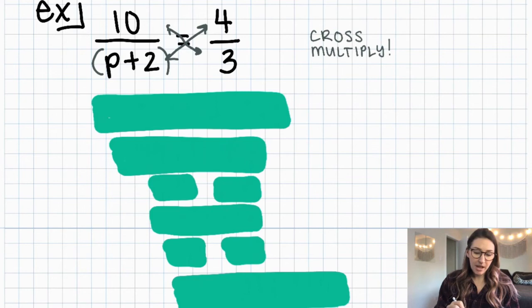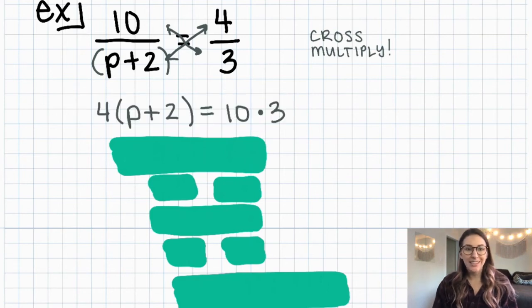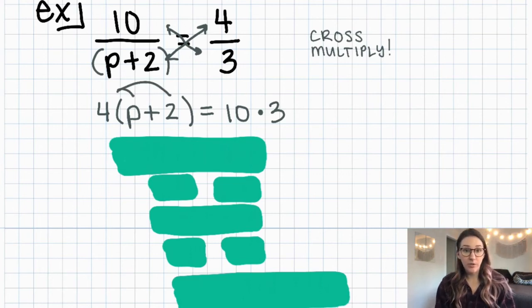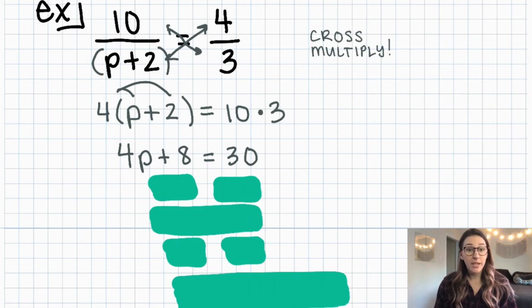So our first step after we cross multiply results in this equation: 4 times (p+2) equals 10 times 3. We can simplify by doing two things. We distribute, and also simplify the 10 times 3, which leaves us with 4p + 8 = 30.